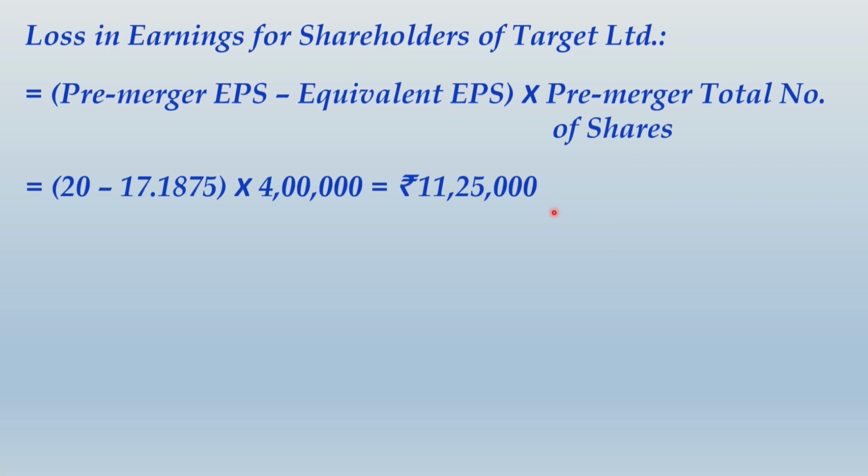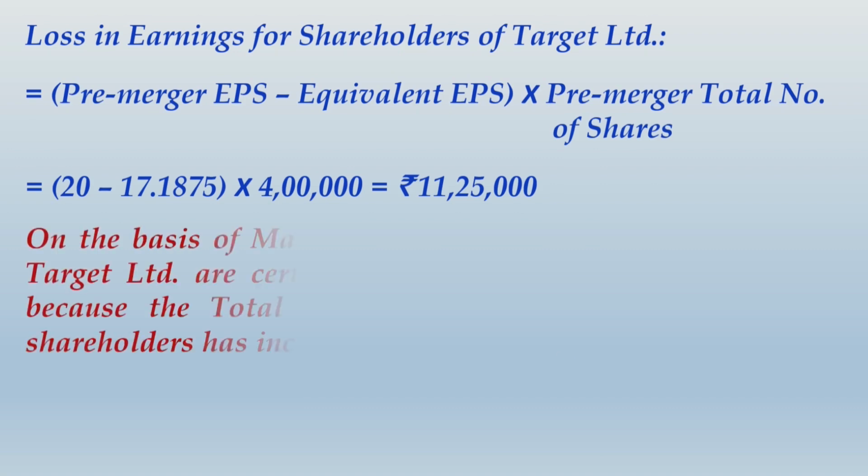So we can conclude one thing very well, that on the basis of market capitalization, the shareholders of Target company are better off, but in terms of their earnings, on an overall basis, their earnings have got reduced by 11,25,000 in total, and therefore from the viewpoint of earnings, they are definitely worse off than earlier.